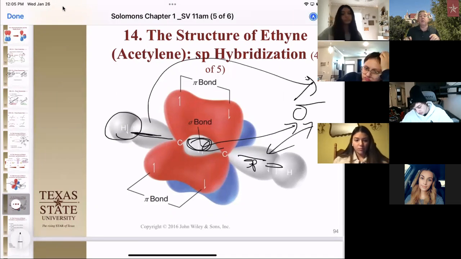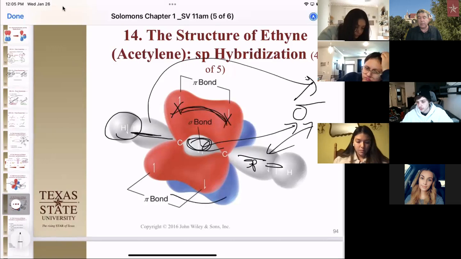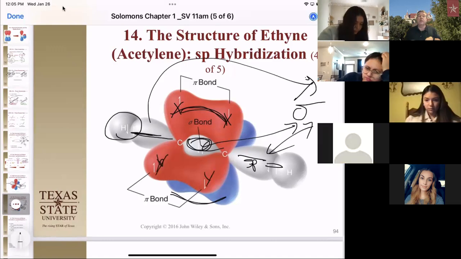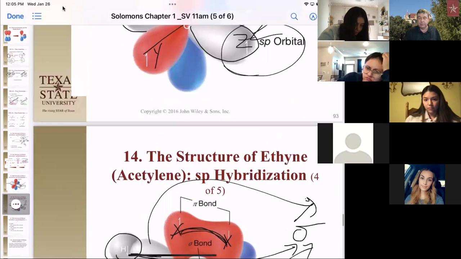And then we have a p orbital in the x, right? So this is our p orbital in the x and our p orbital in the x. These 2 are going to overlap each other to make our first pi bond. Then we have our p in the y-axis here and our p in the y-axis here. They're going to overlap to make our second pi bond. Okay, so when we draw it, we see 3 lines.